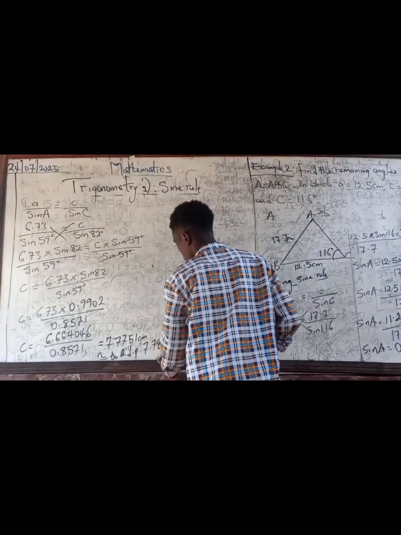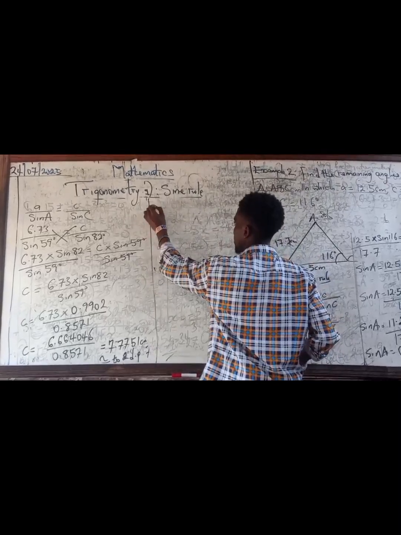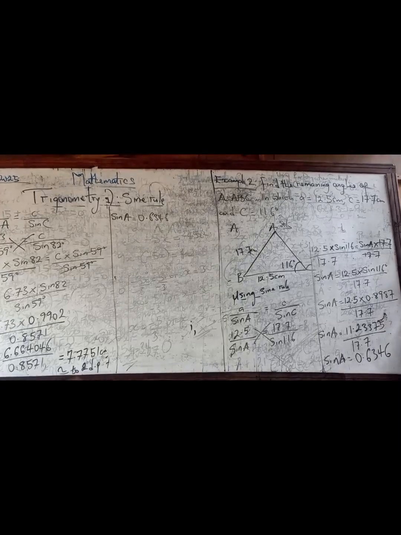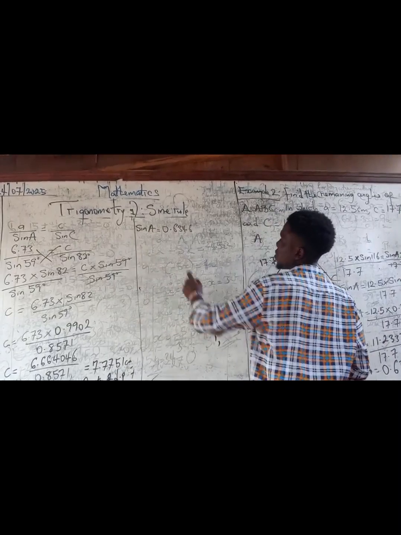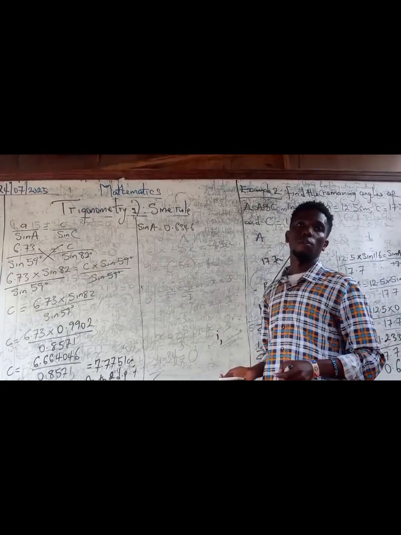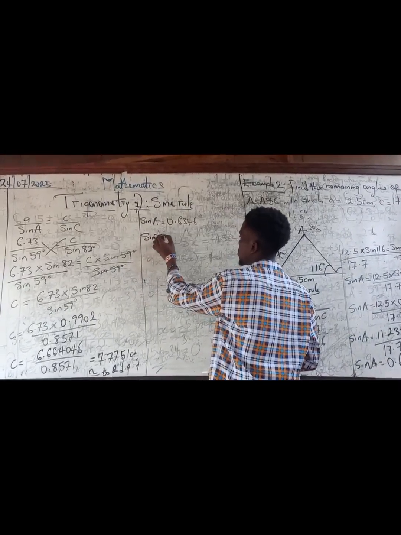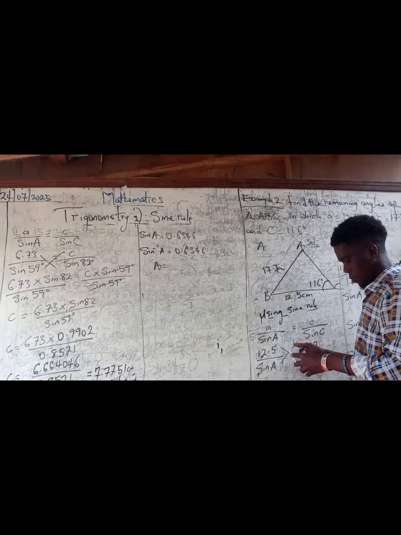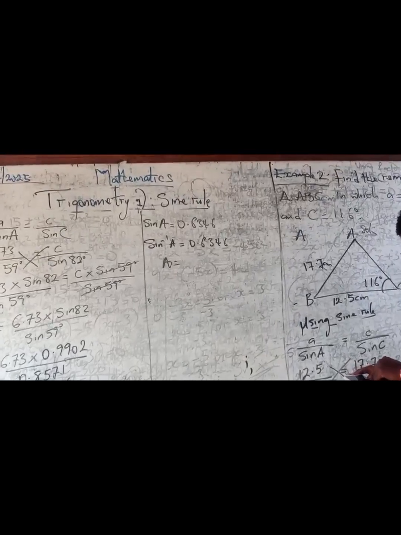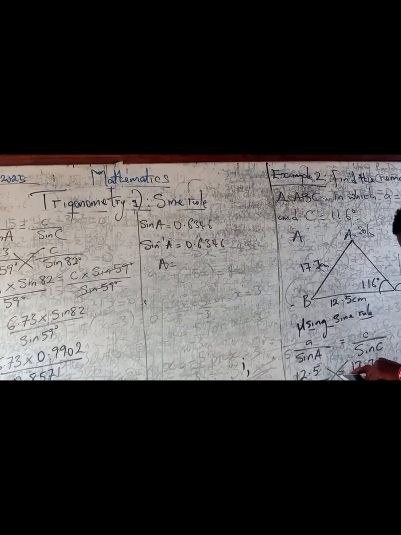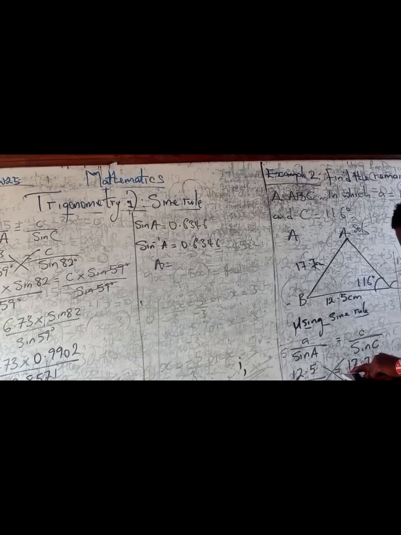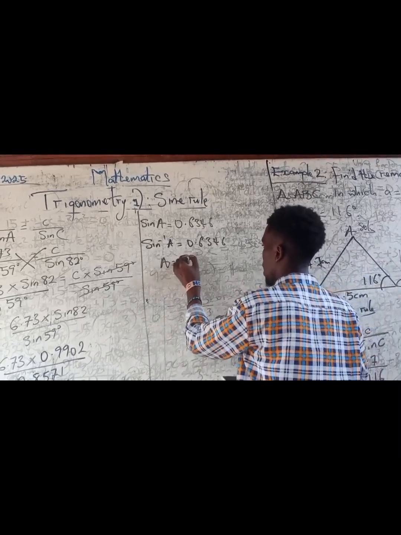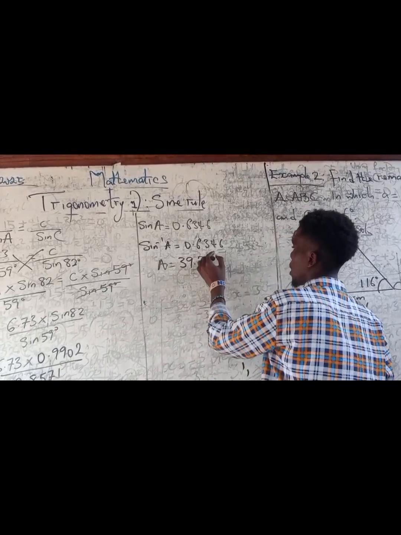So sine A is equal to 0.6346, and the sine inverse, which is sine raised to the power of -1, if we punch this on our calculator, gives us 39.39 degrees.